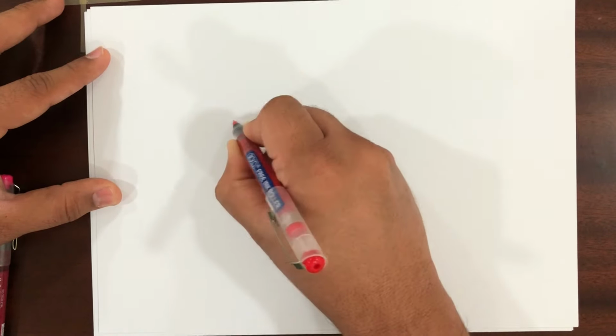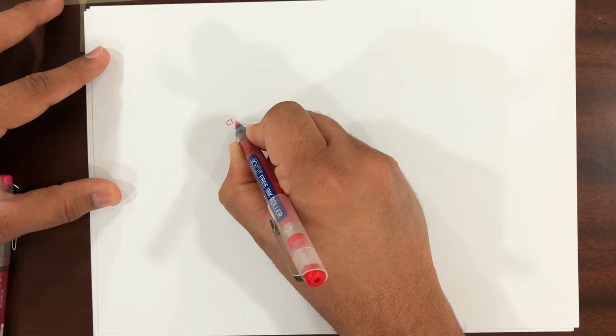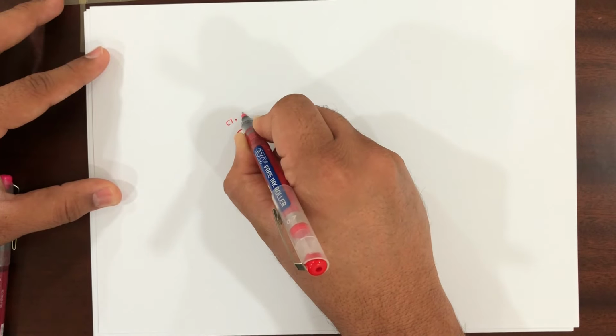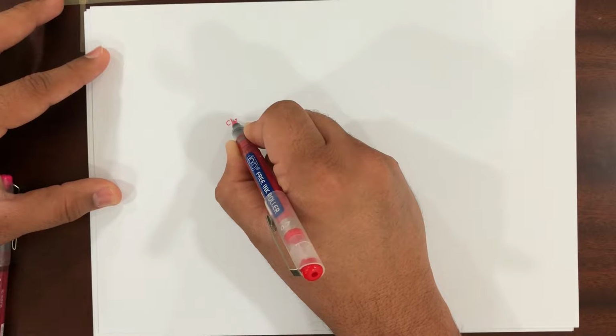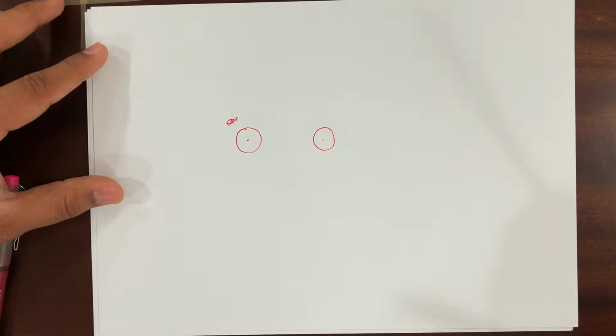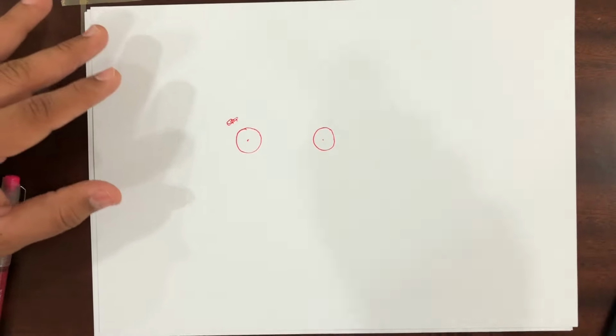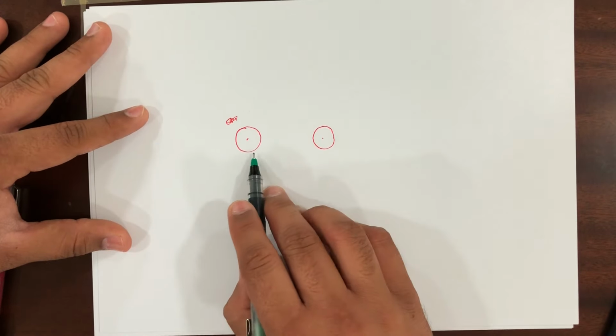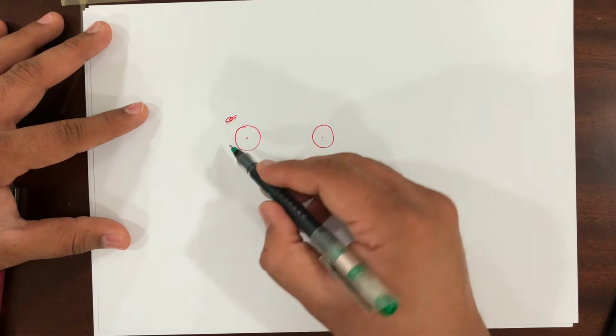Here this is C1 and radius. First let's draw the curvature. First we draw the curvature here. Now the curvature goes like this.